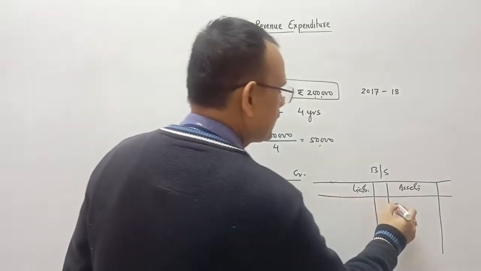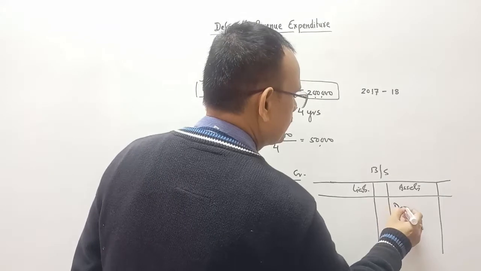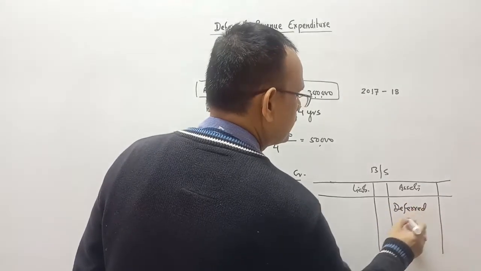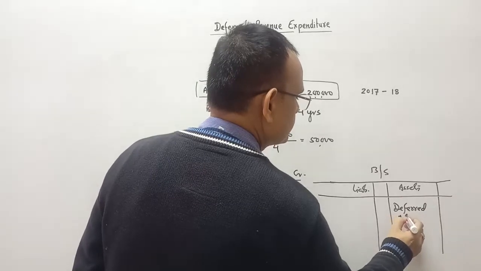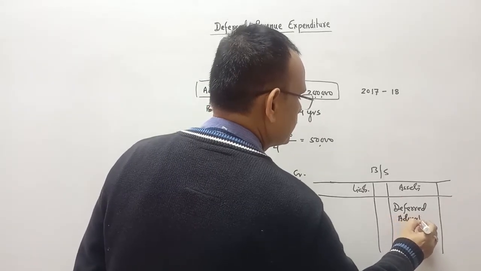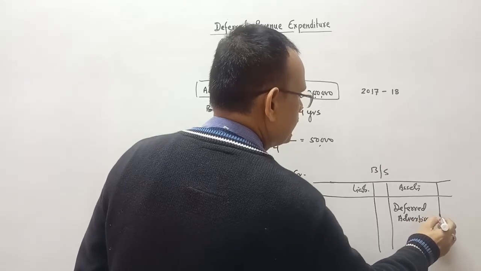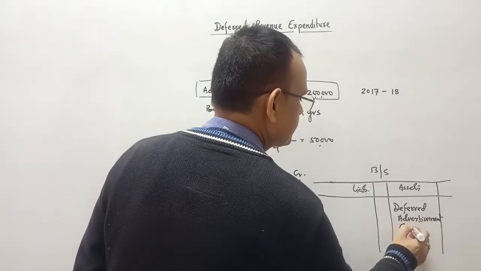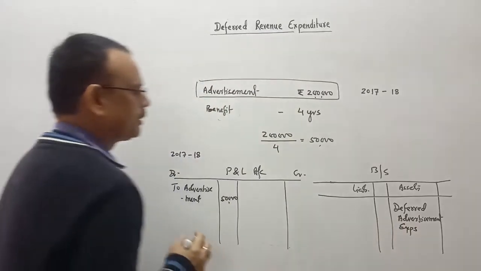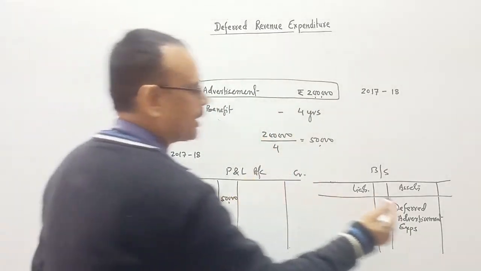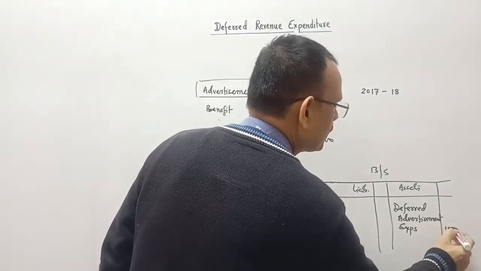And here in the balance sheet you write the deferred advertisement expense, the rest amount. From 2 lakhs you have shown 50,000 here, so 1,50,000 will be over here.